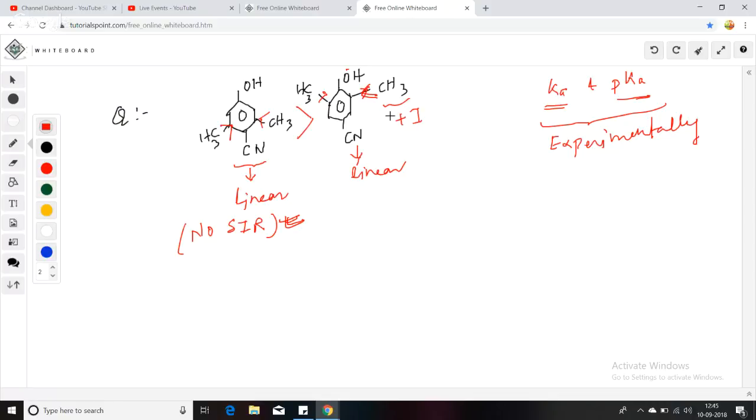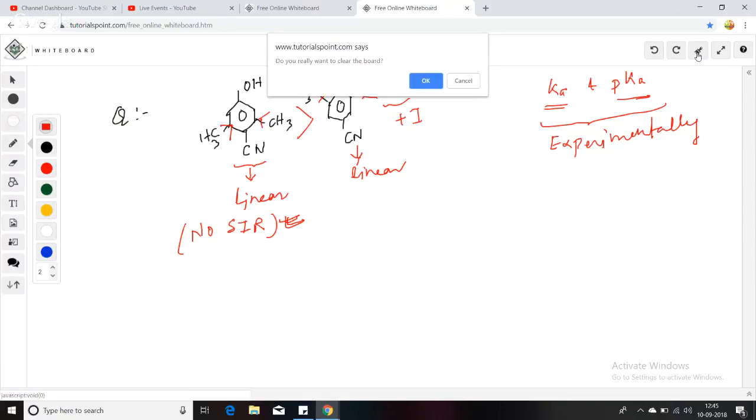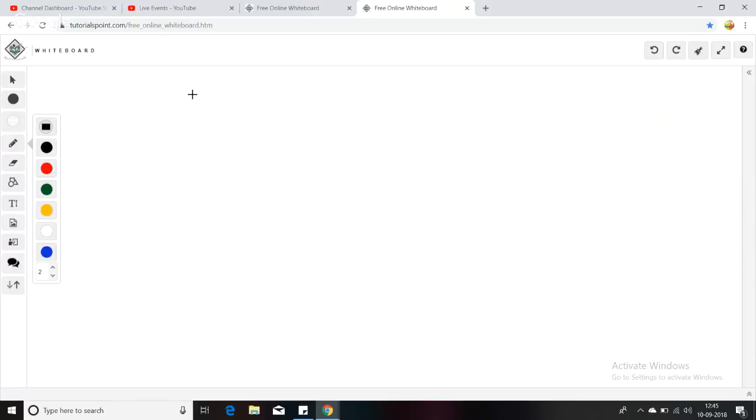Method of preparation. The first method we are going to discuss here is from aryl sulfonic acid.